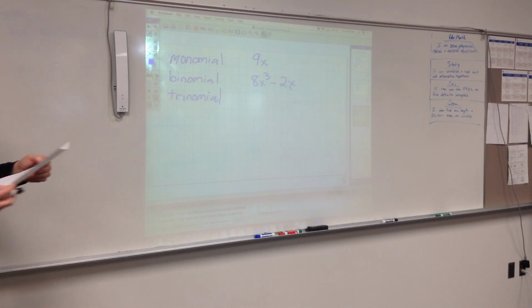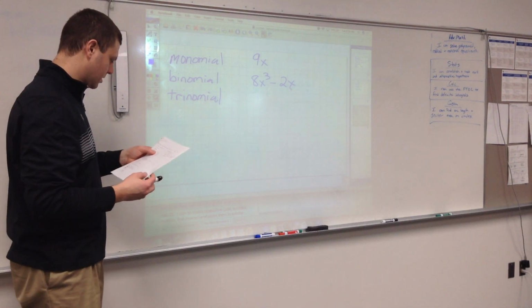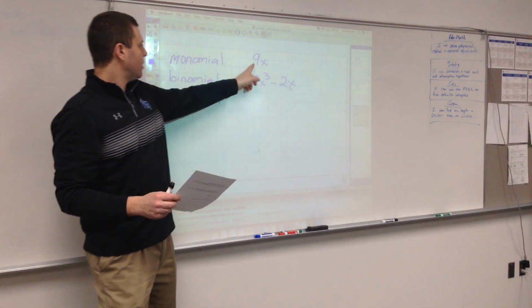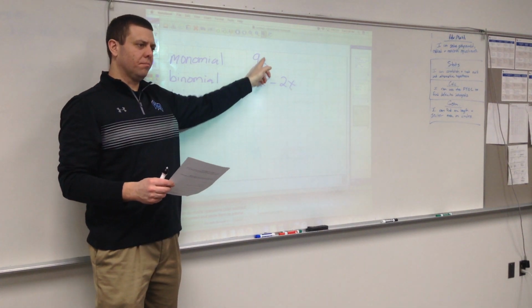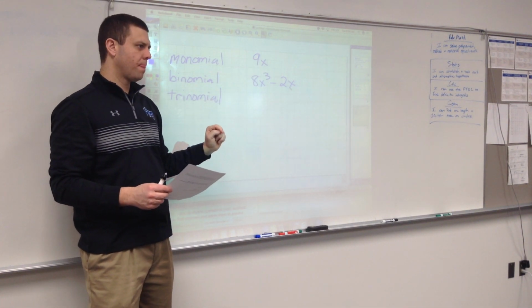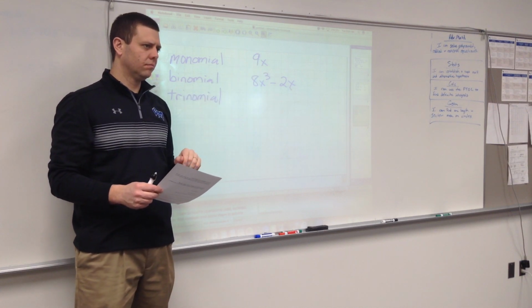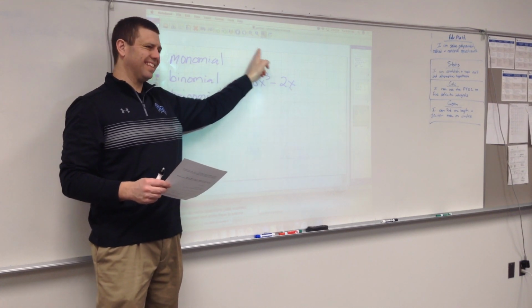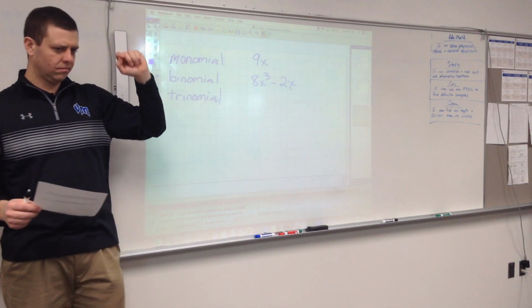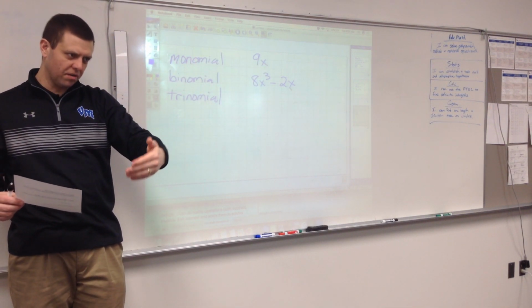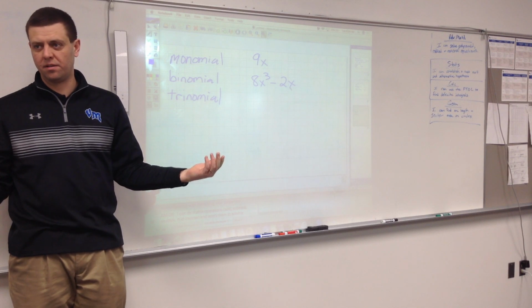We can also give them names. This would be a linear term. This would be a linear monomial. Any idea why this is linear? It's not cubed, it's not squared, it's just x to the what power?